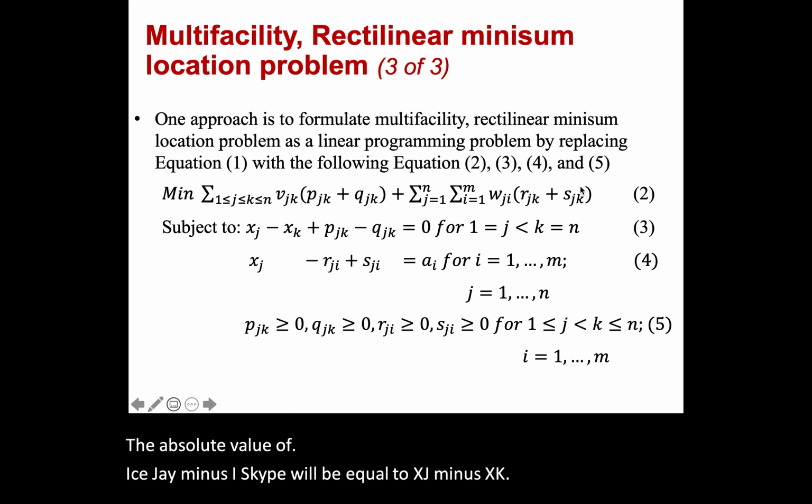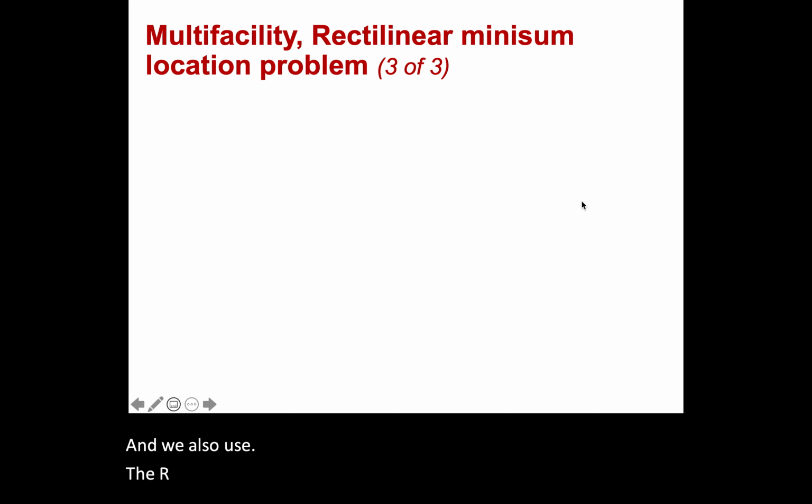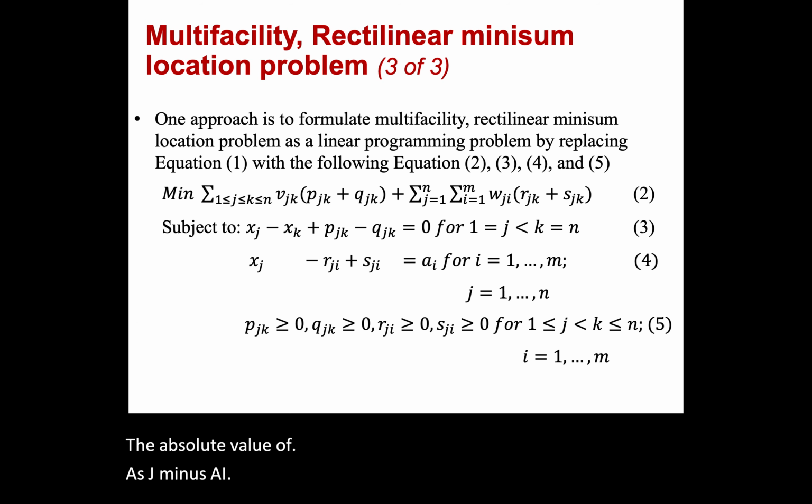And we also use rji plus sji to replace the absolute value of xj minus ai. The explanation is also the same.